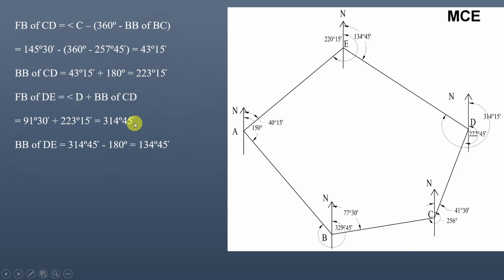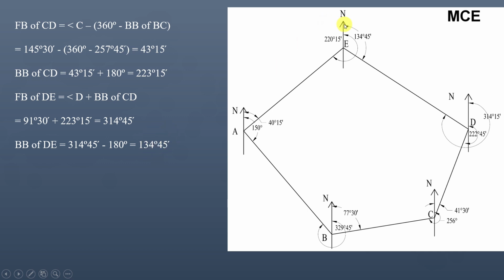Back bearing will be equal to bearing minus 180 degrees, because the bearing is greater than 180 degrees. So the correct back bearing of line DE will be 314 degrees 45 minutes minus 180 degrees, which is equal to 134 degrees 45 minutes.